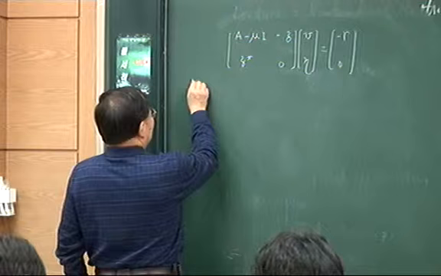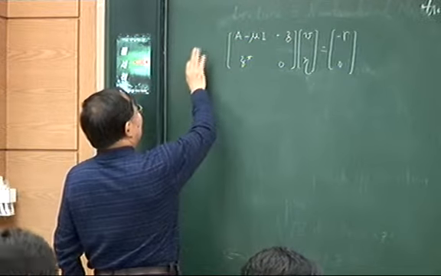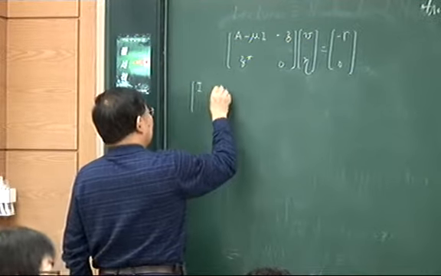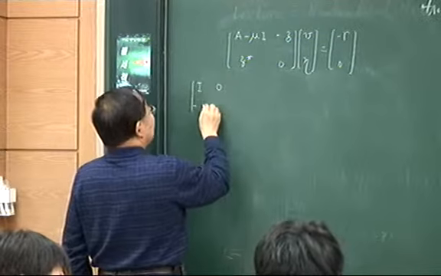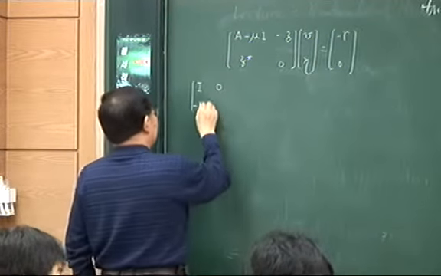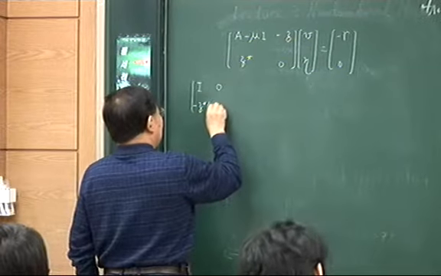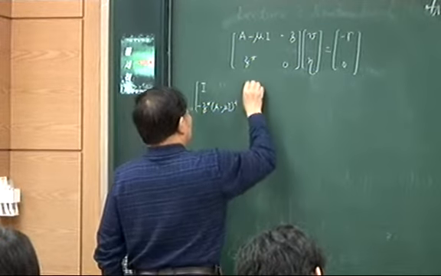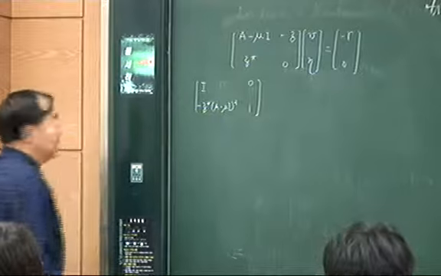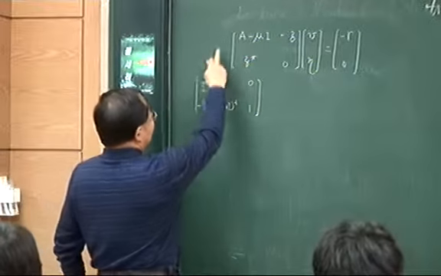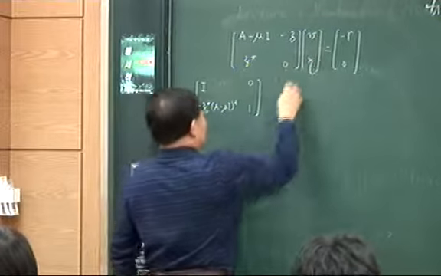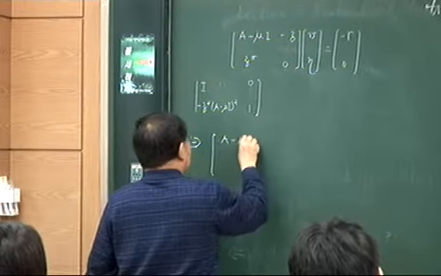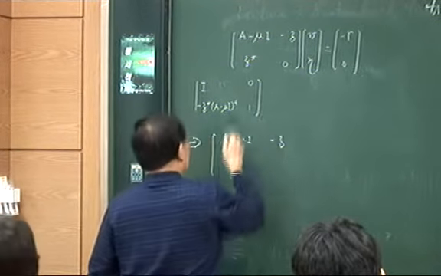We multiply from this side by this matrix: I, 0, minus z* (A − μI) inverse. If we multiply this matrix from this side, we get this. This part is unchanged, but this becomes 0.